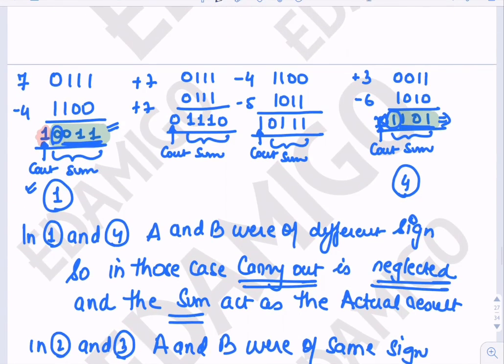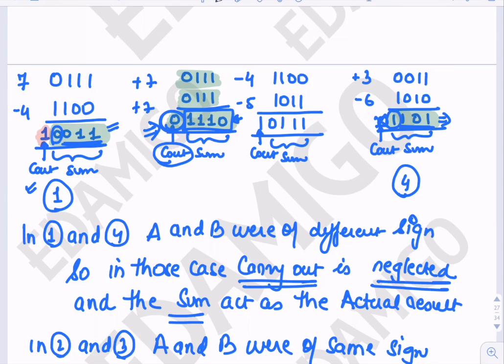For example, here plus 7 plus 7, when we add these two, this is the result where C out is not neglected, rather this will act as a sign bit and this will give us the magnitude.